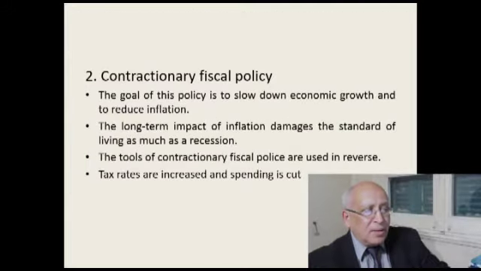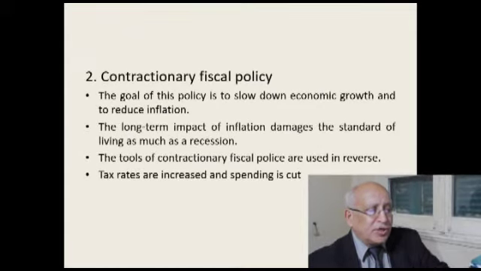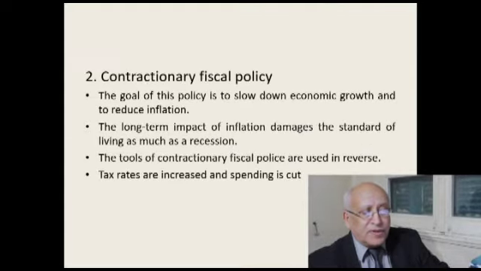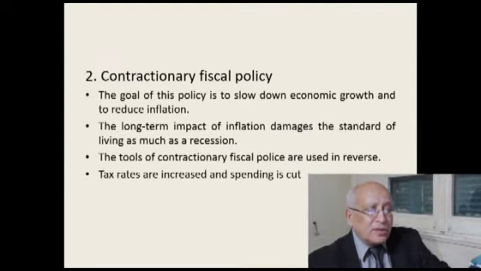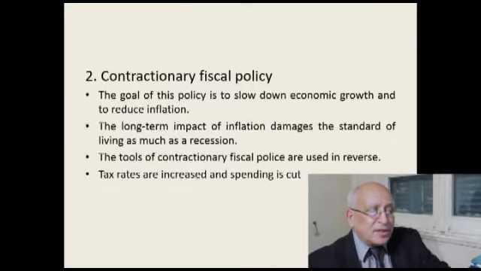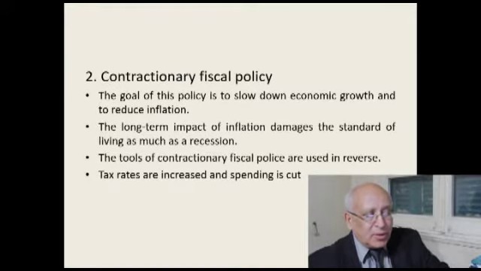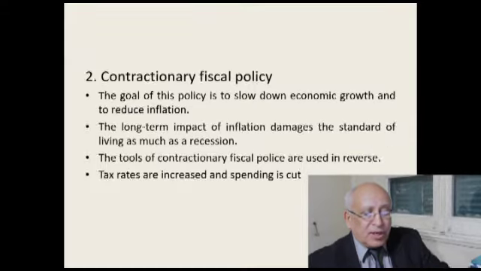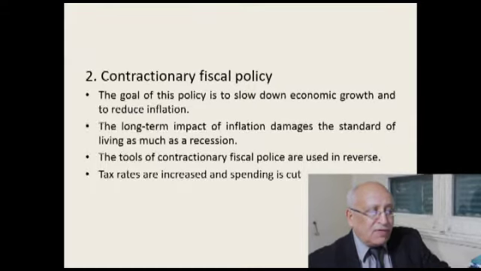The second type of fiscal policy is called contractionary fiscal policy. What is the goal of this policy? The goal of this policy is to slow down economic growth and to reduce inflation. This type of policy is anti-inflation policy. The long-term impact of inflation damages the standard of living as much as a recession.